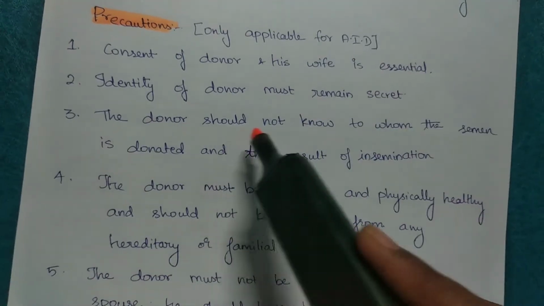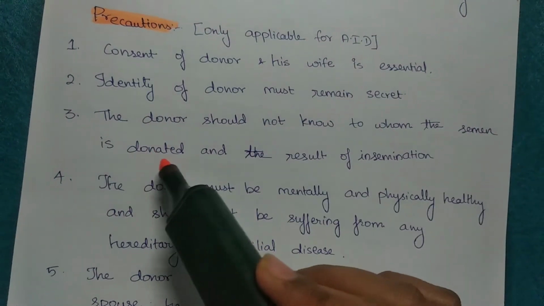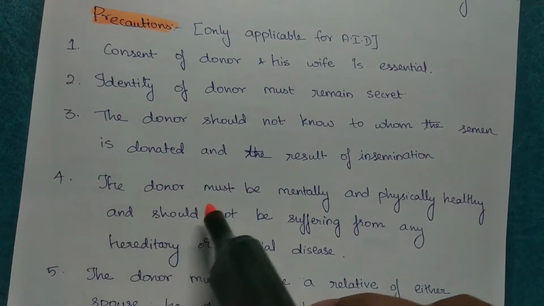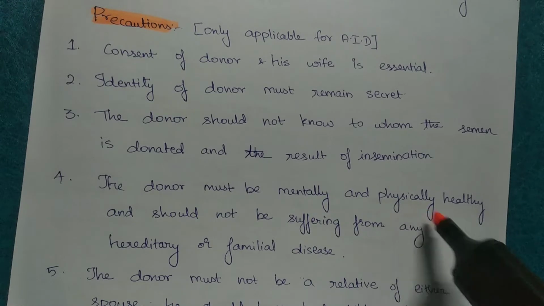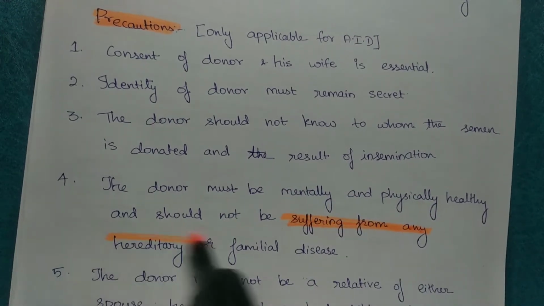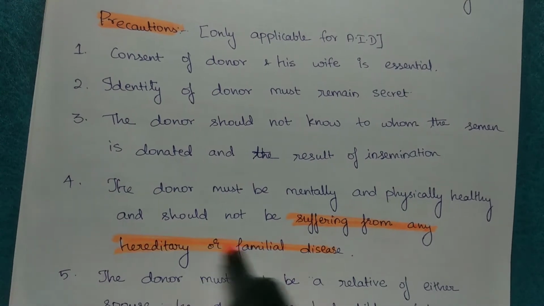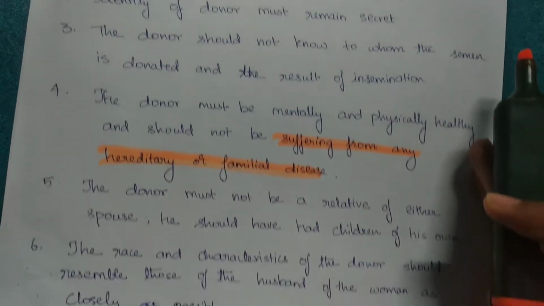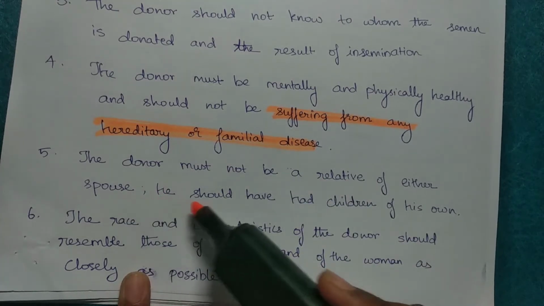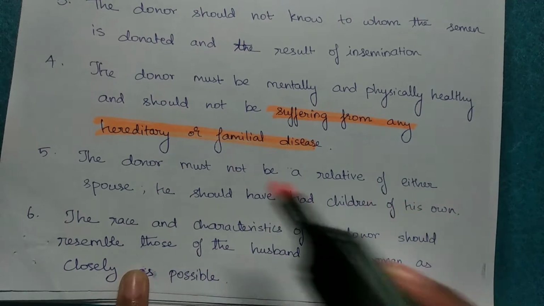The donor should not know to whom the semen is donated and the result of insemination. The donor must be mentally and physically healthy and should not be suffering from any hereditary or familial diseases. The donor must not be a relative of either spouse. He should have had children of his own.